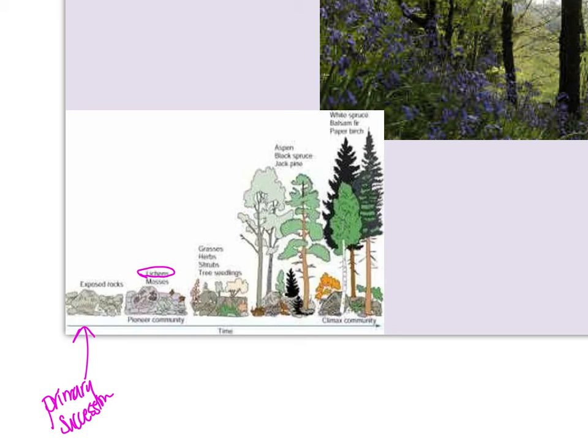Okay, and then you're going to have your grasses and herbs and shrubs grow. And then eventually you'll have your softwoods, and then your hardwoods come with the climax community. Okay, so if there was a fire and you started kind of here where you had soil, this space is going to reach climax community faster than this space would if you were looking on a timeline.